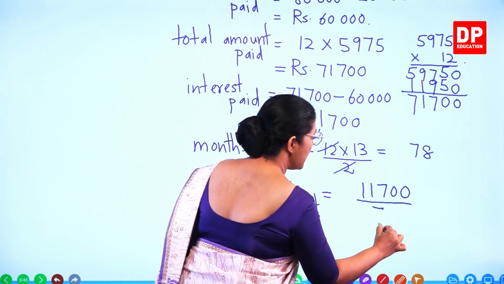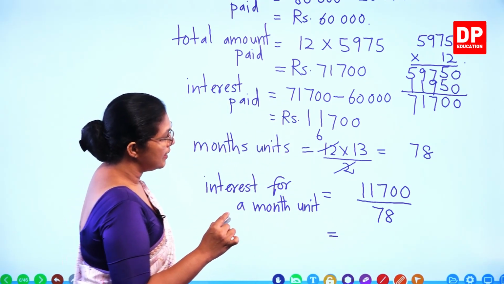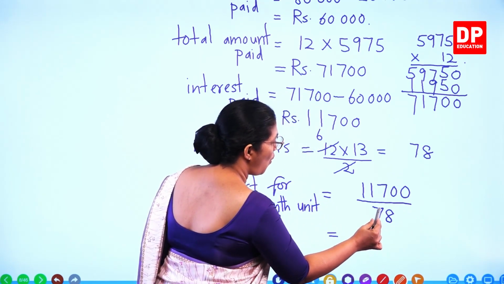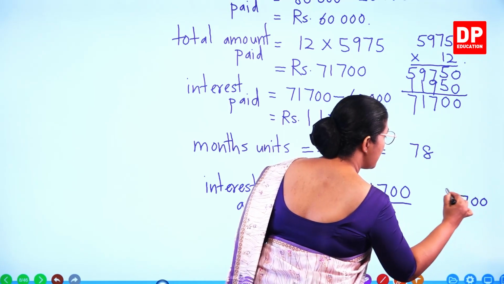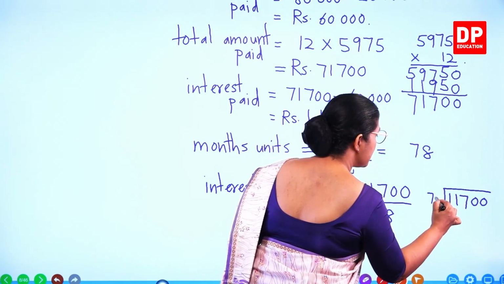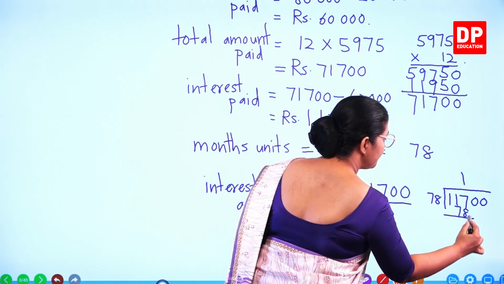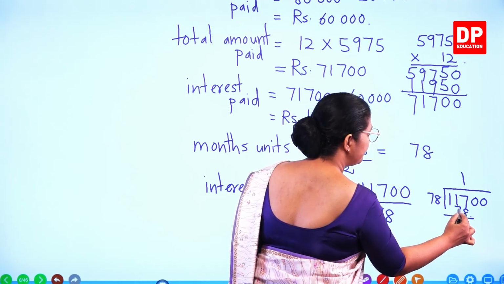Divided by 78, you get the interest for a month unit. Let's divide. 78 times 1. So 107. 11,700 divided by 78. 1, 78.